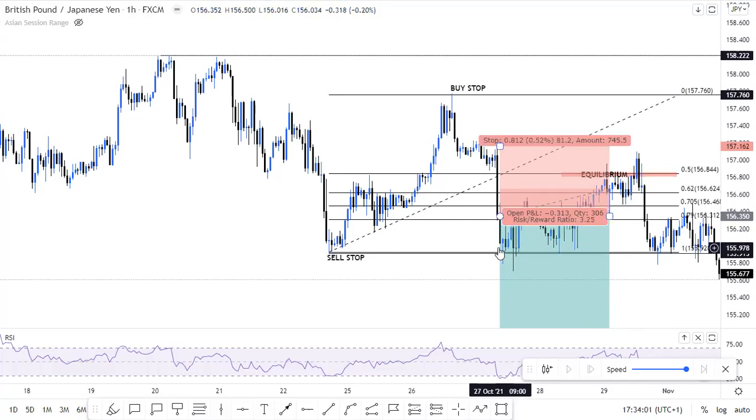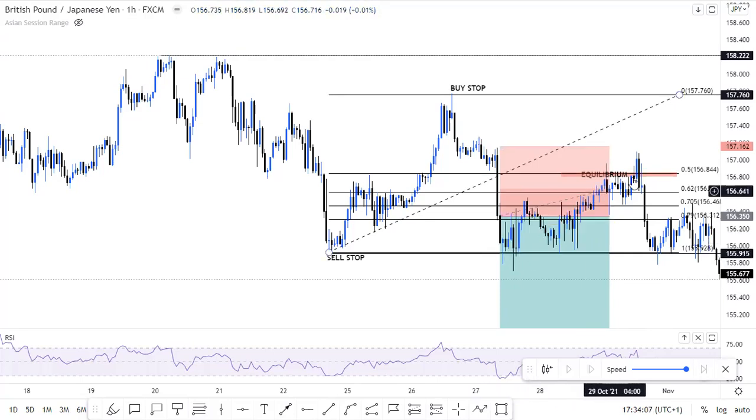So we are not trying to sell something that is cheap by selling it here. So you have to wait for that price to trade into premium. That is, with respect to the buy stop and the sell stop, there has to be a retracement into premium where price is now expensive.